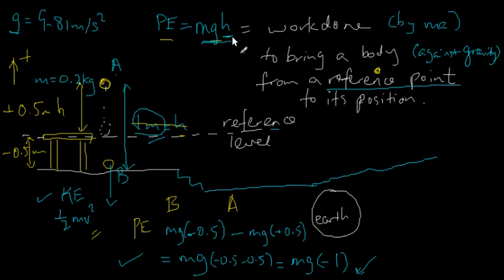Because the height has to be measured from some reference point. So potential energy has a few things that we need to know before we can use it correctly, before it has the proper meaning.